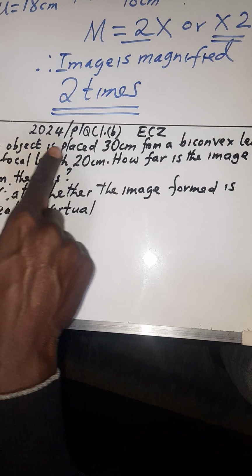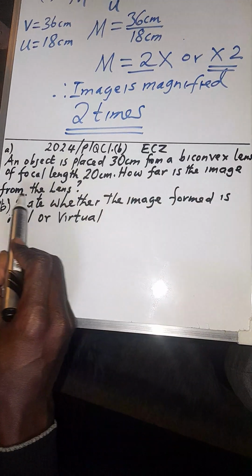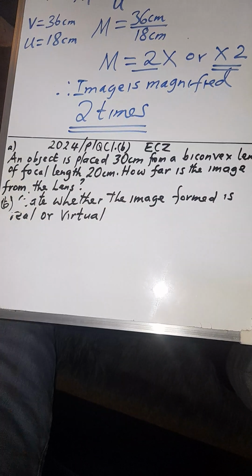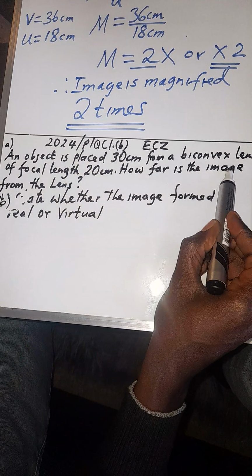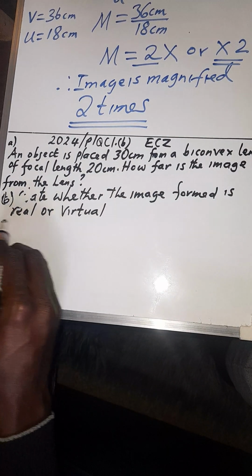It says an object is placed 30 centimeters from a biconcave lens of focal length 20 centimeters. How far is the image from the lens? In other words, they're asking you to calculate the image distance.